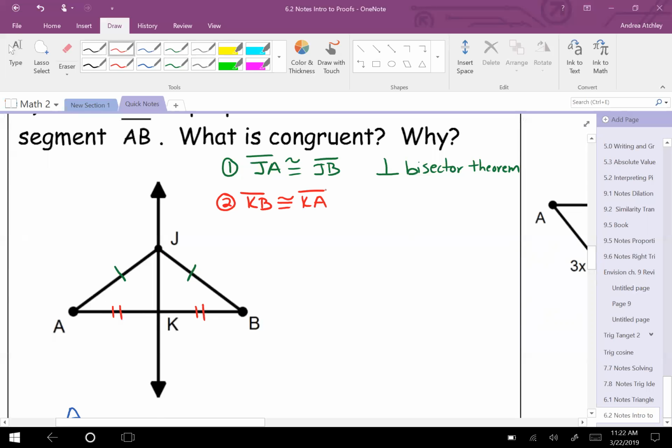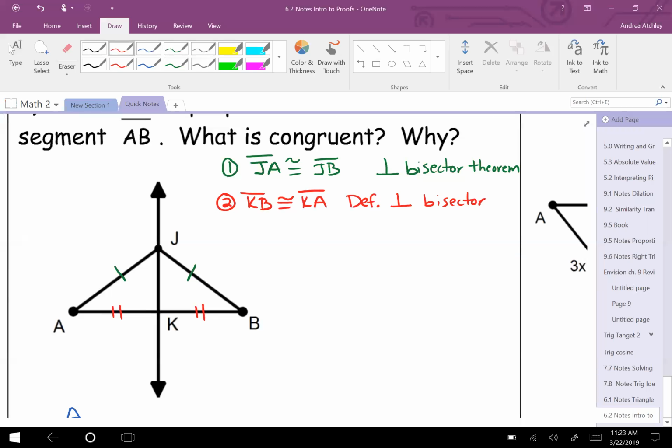And what's our reasoning? It's a perpendicular bisector, okay? So when we're saying it's what it is, we use the definition of it. Okay, so I'm going to abbreviate that again. I'm going to put the definition of perpendicular bisector, because that's part of the definition, that it cuts the segment into two congruent parts.